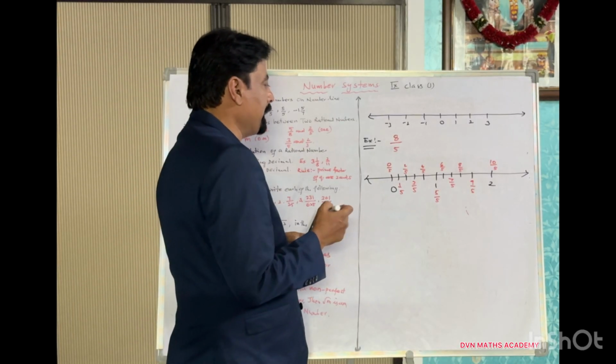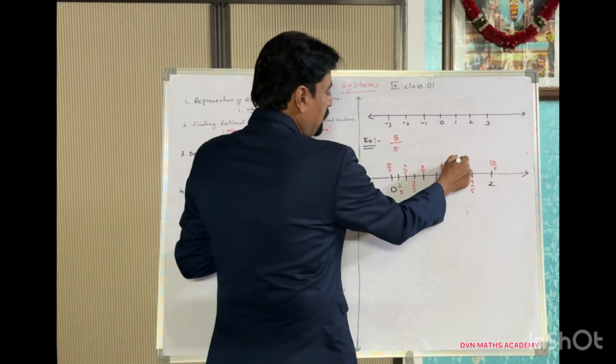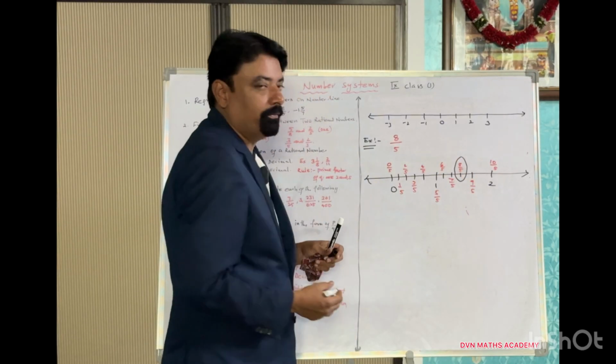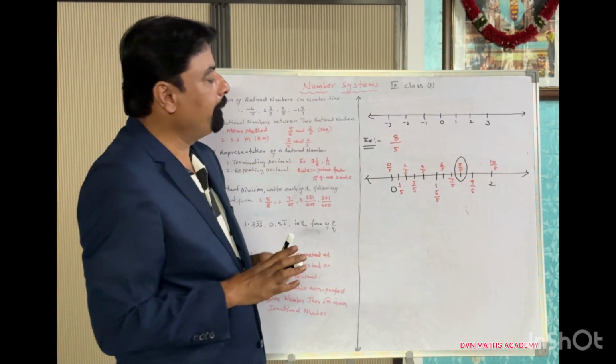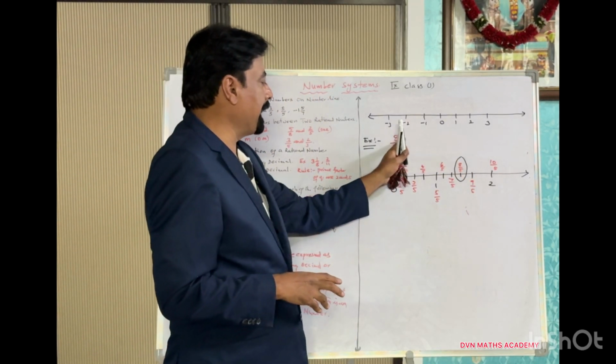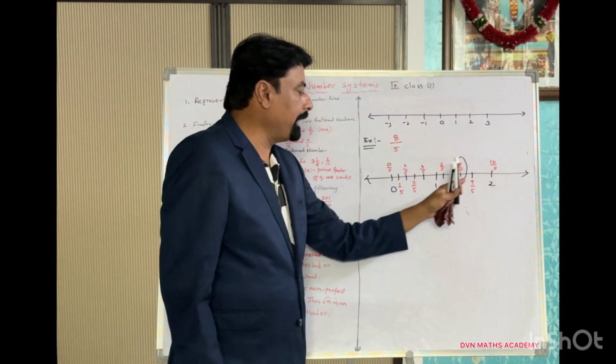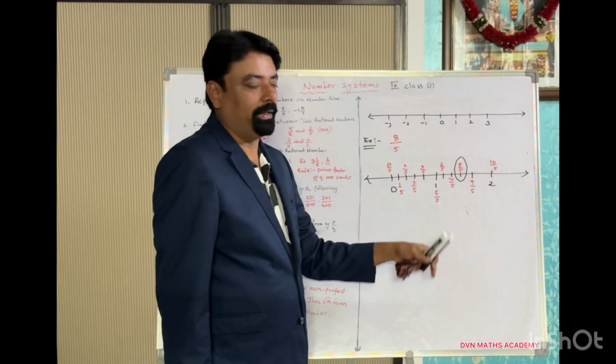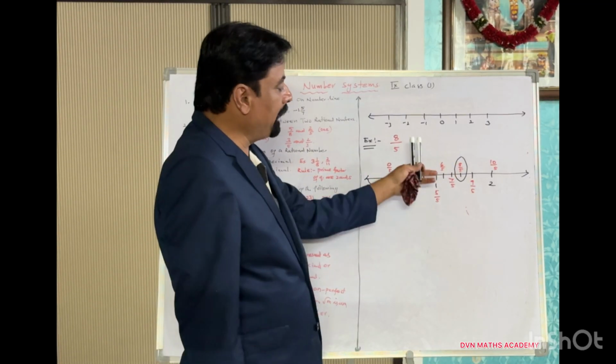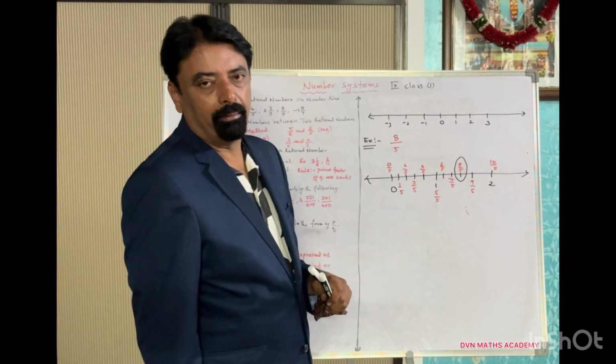Now this is the location of 8 by 5 on my number line. I already told you 8 by 5 will be after 1 only. It is in between 1 and 2. The location of 8 by 5 we can indicate like this.